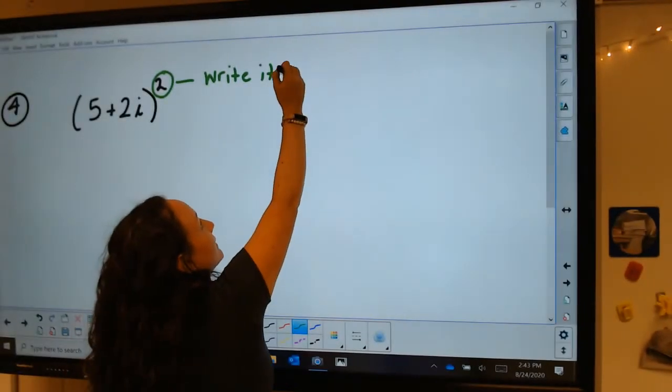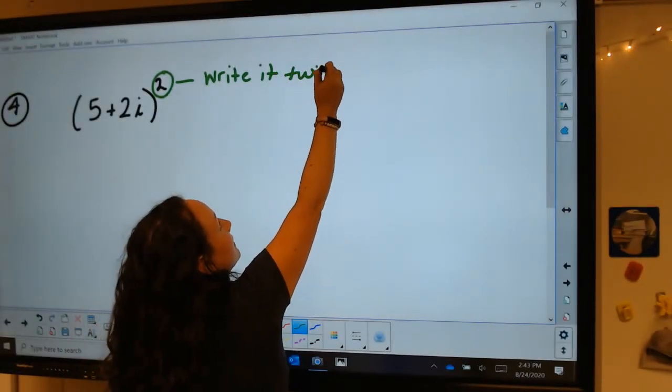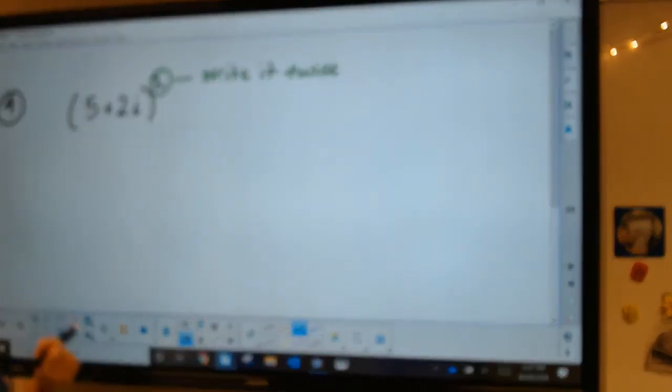So a little bit different formatting, but we're still on the same concept. What this exponent here tells you is to write it twice. So I'm going to take 5 plus 2i and I'm going to write it down 2 times.